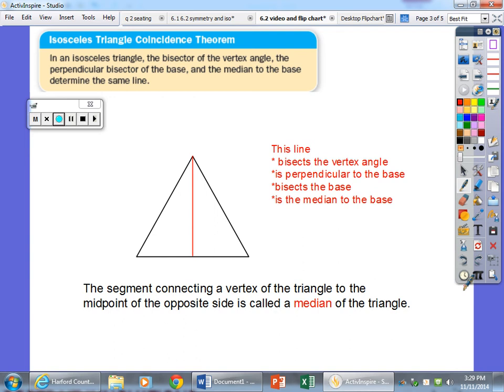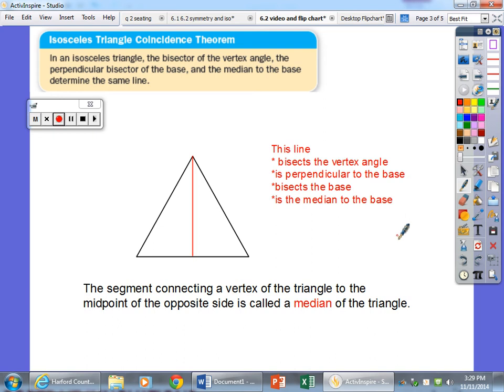The second idea we have is the isosceles triangle coincident theorem. What this means is that if you have an isosceles triangle and you draw in a line that bisects the vertex angle and also hits the midpoint of the base, then this line bisects the vertex angle, is perpendicular to the base, bisects the base, and is also the median to the base.